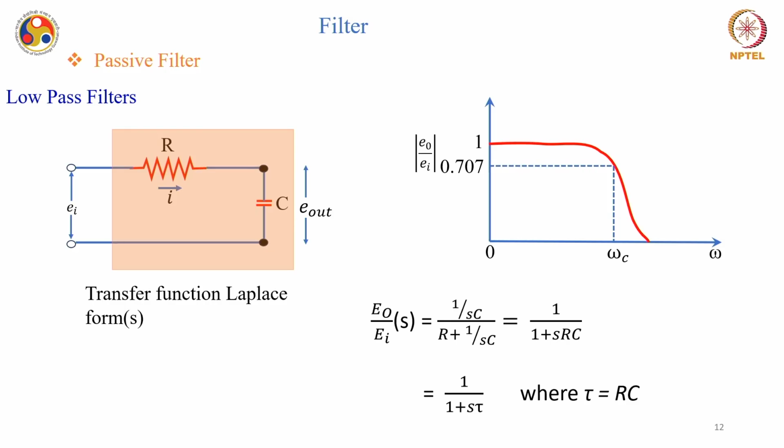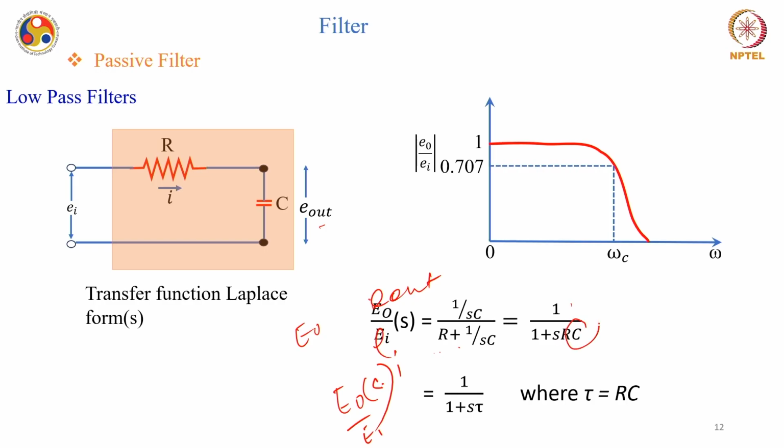The transfer function for this kind of circuit in Laplace form, we can write as E naught, or E output, it is up to you, you can use E naught or E out as per your convenience, divided by EI, which is your input, as 1 by SC. Of course, when you are taking this Laplace, it is E naught by EI in the Laplace domain only, 1 by SC into R plus 1 by SC, which is equal to 1 by 1 plus SRC, okay.